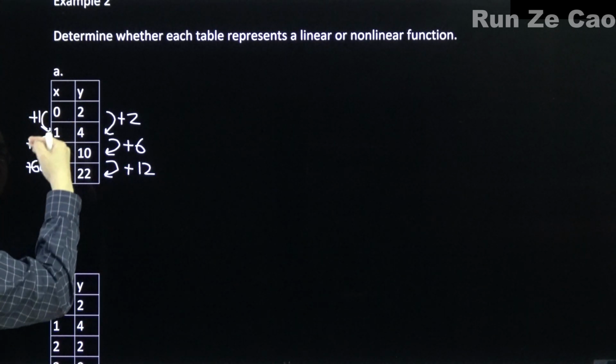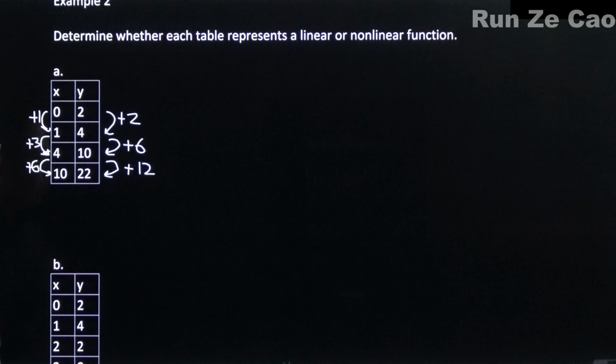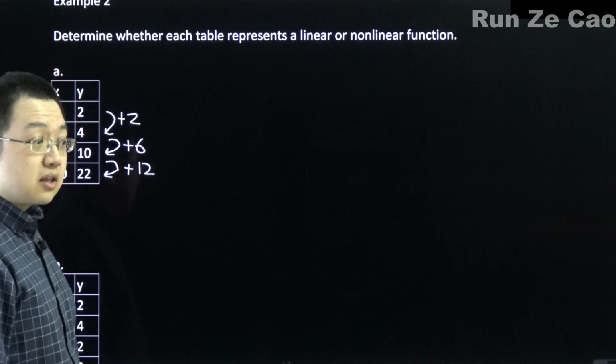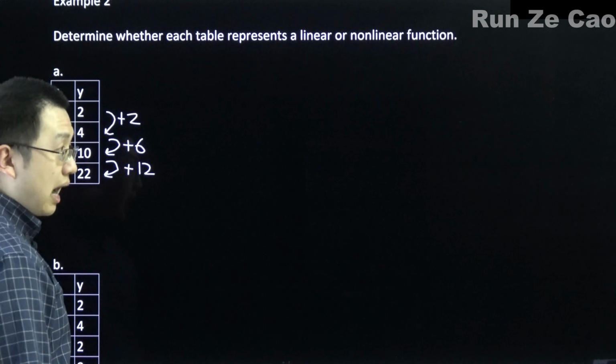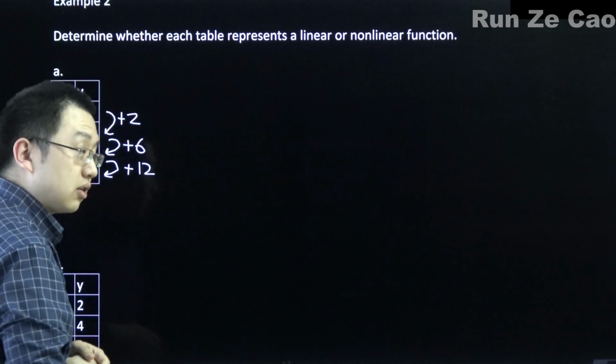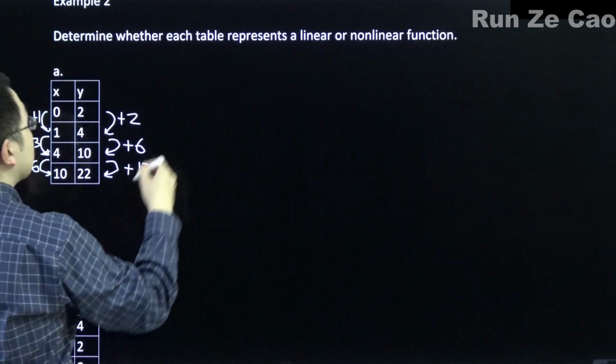So for every increase of 1, you have an increase of 2. Like every increase of 1 in x is an increase of 2 in y. That means the slope is constant. This is linear.